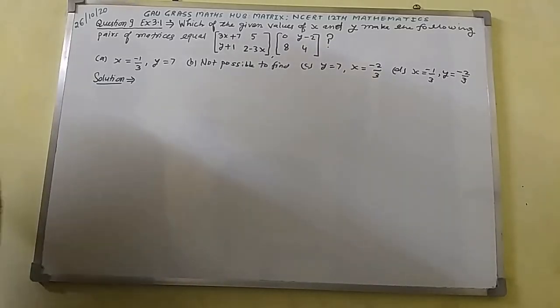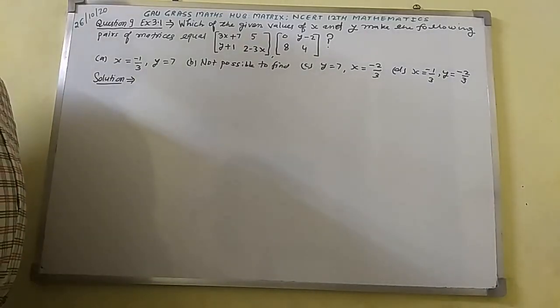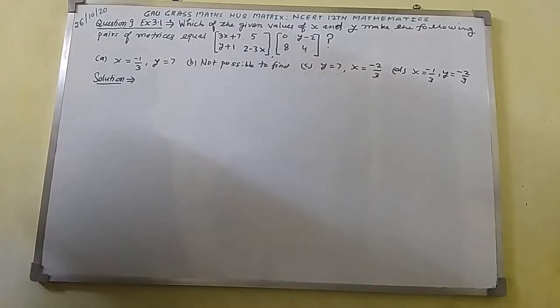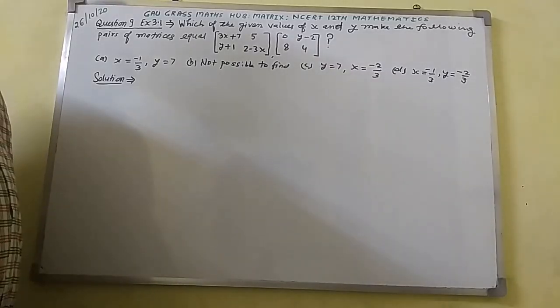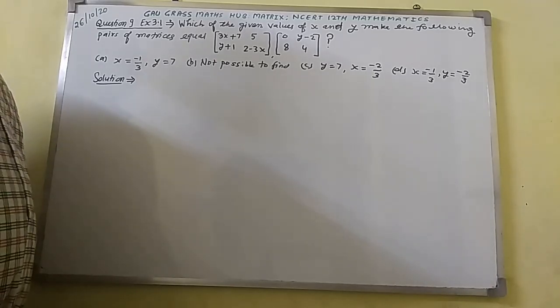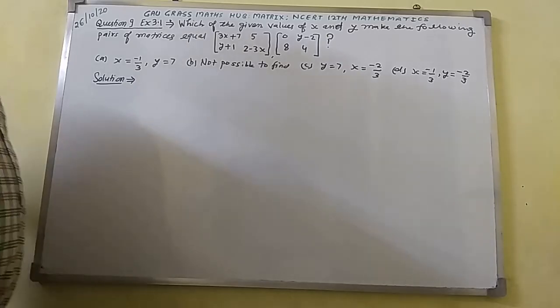I am going to discuss question number 9, exercise 3.1. Imply that which of the given values of x and y make the following pairs of matrices equal. Opening of square bracket. The elements of first row will be 3x plus 7, 5.